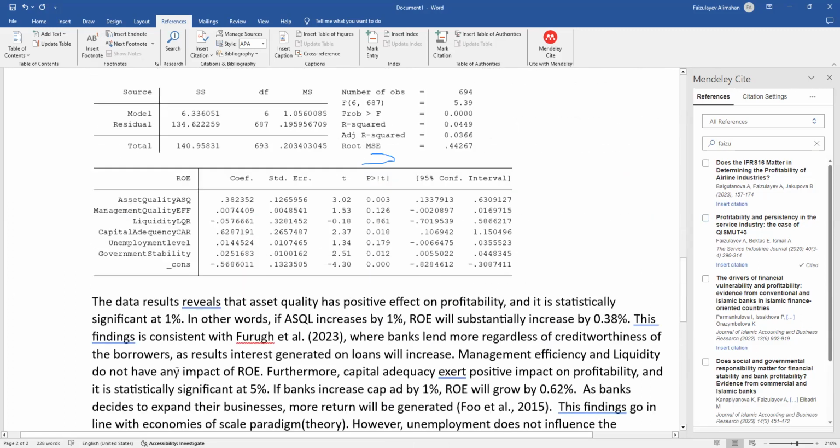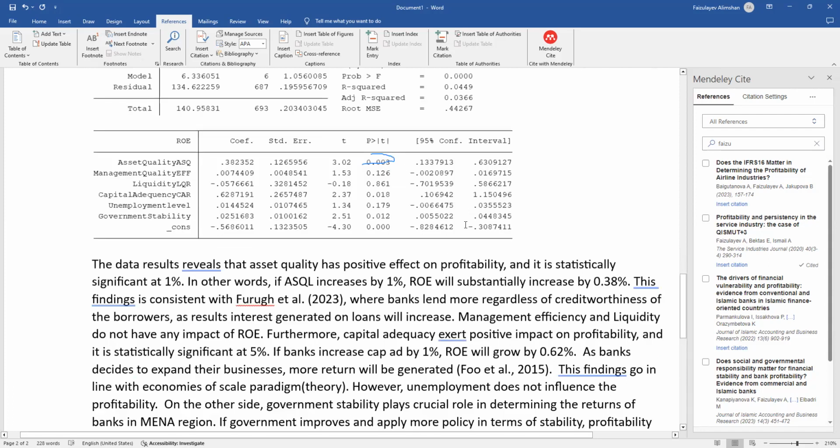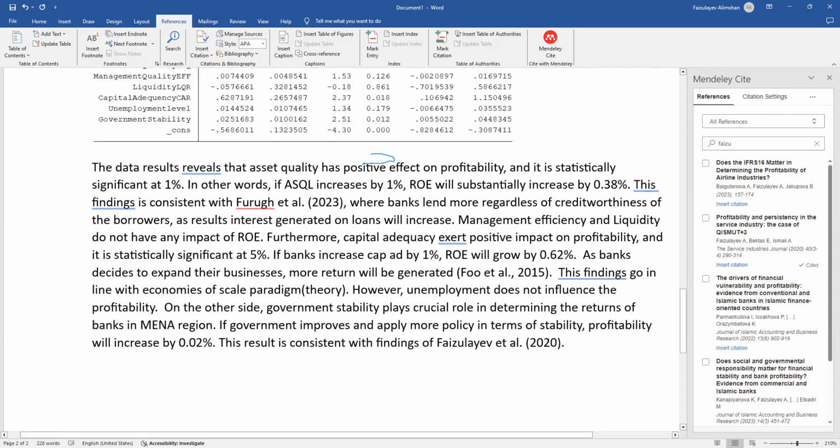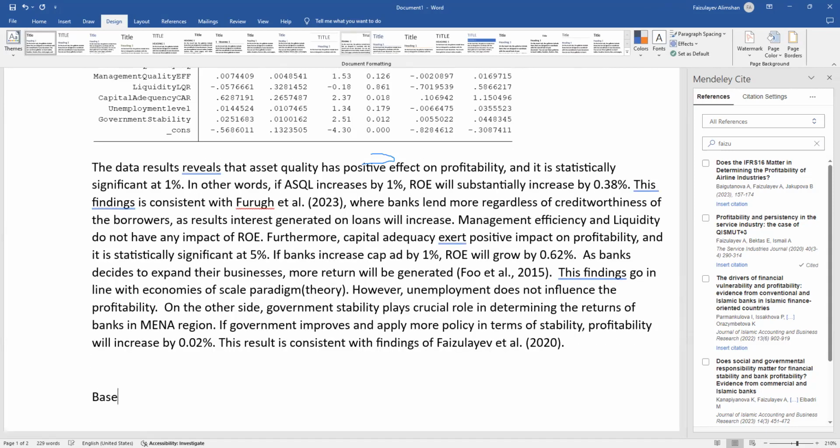Now, I explained the results, but I did not explain the validity of the model, like R square, the best fitness, and so on. Then as a separate paragraph here, I will explain the following. Based on the results, what do you mean number of observations?